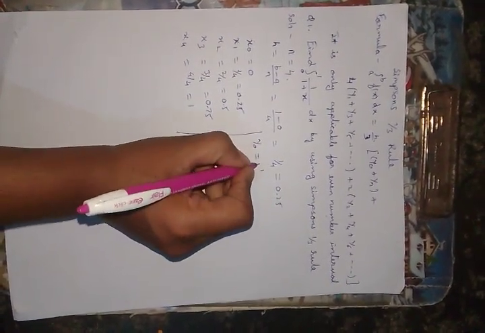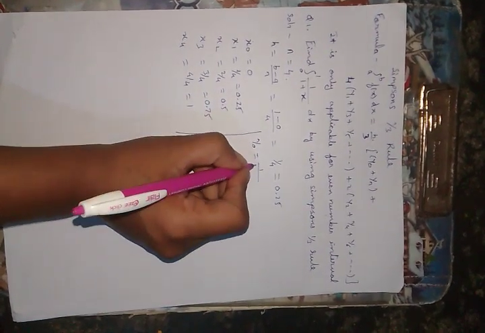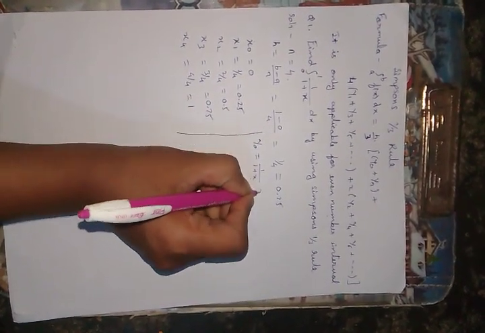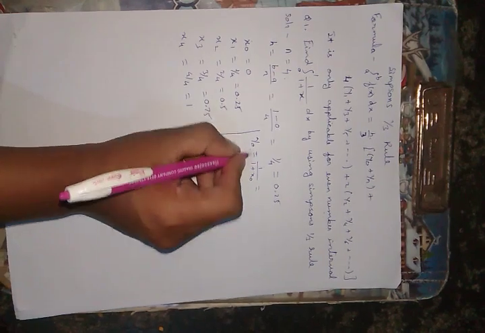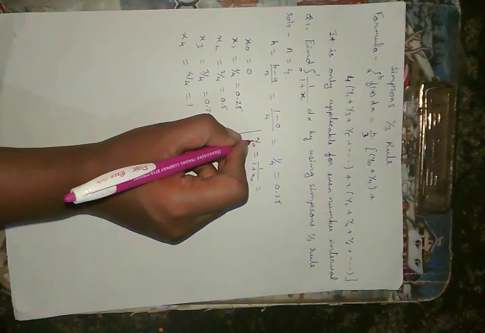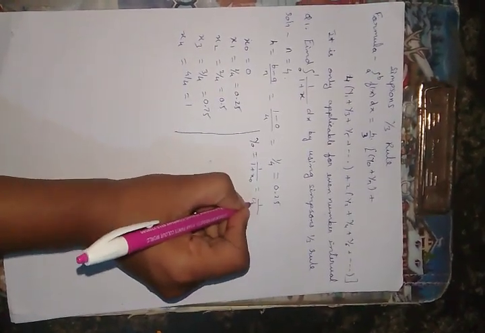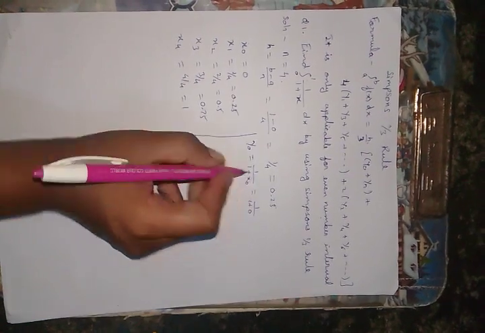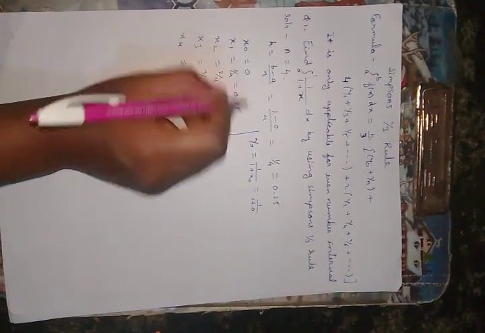Our question is y equals 1 by 1 plus x. For y0 we take x0, which is 0, so y0 is 1 by 1 plus 0.